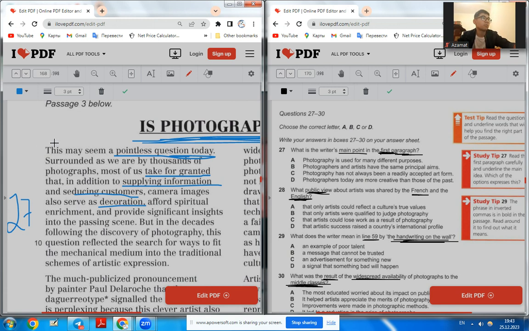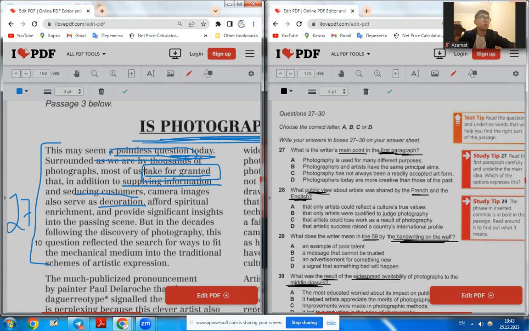So now we've read this paragraph, and the main point here was not to list all of these uses. It was mainly to say that it's a pointless question, and most of us take it for granted, right? This is not something that is accepted on a large scale.